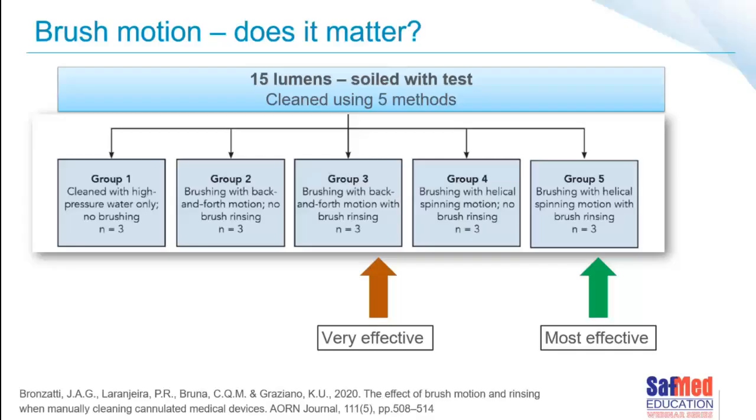What were the results? The most effective was in fact that twisting, spinning motion, but rinsing in between. And the next best was back and forth with rinsing. So quite interesting to see, and you can see that the manufacturer has already embraced this concept of cleaning with more of a spinning, twisting motion.